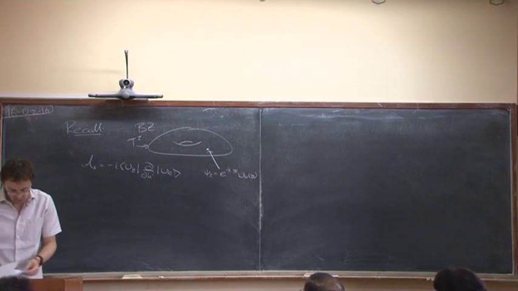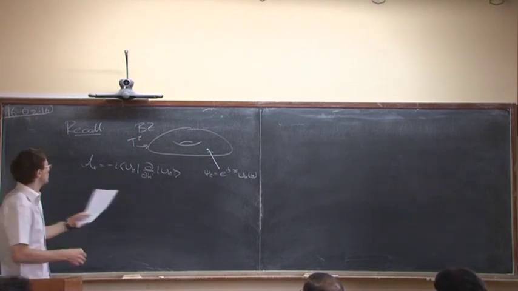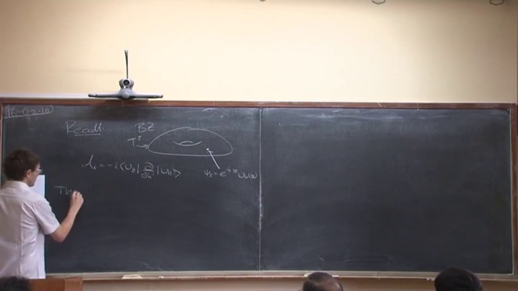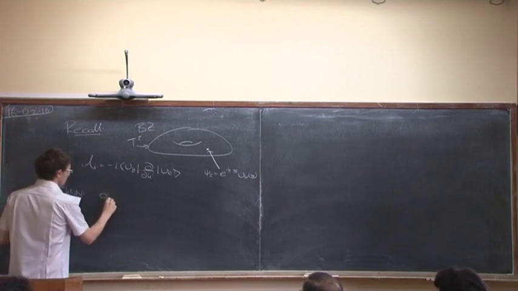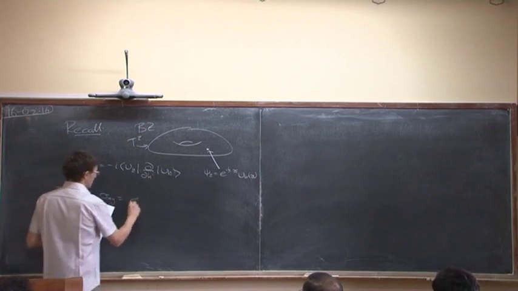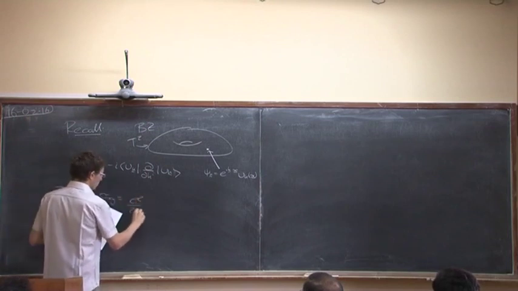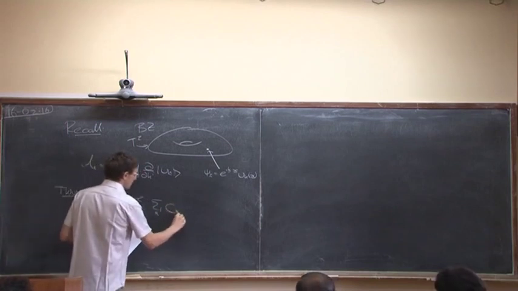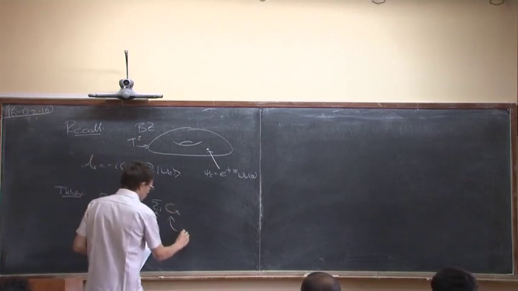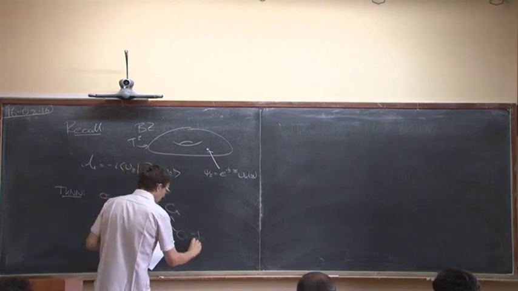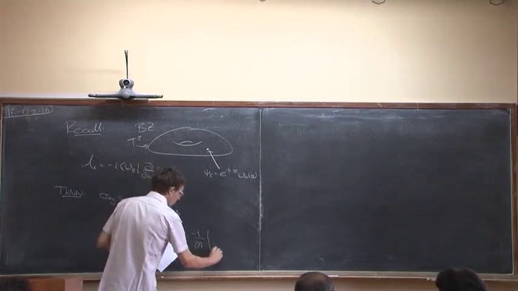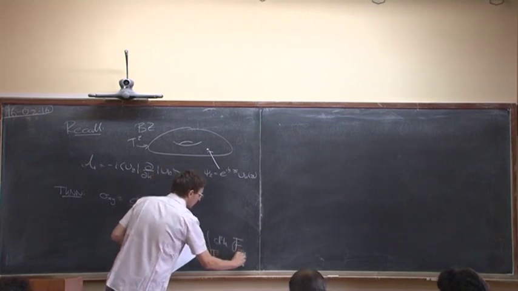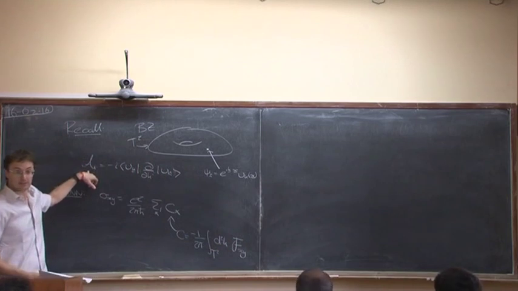And then the lovely result that we ended with is this result due to TKNN. So the TKNN formula is the following. It's that sigma_xy is e squared over 2 pi h times the sum over all filled bands, C_alpha, where C_alpha is the Chern number, and the Chern number just means the integral over the Brillouin zone of the field strength associated to this point.